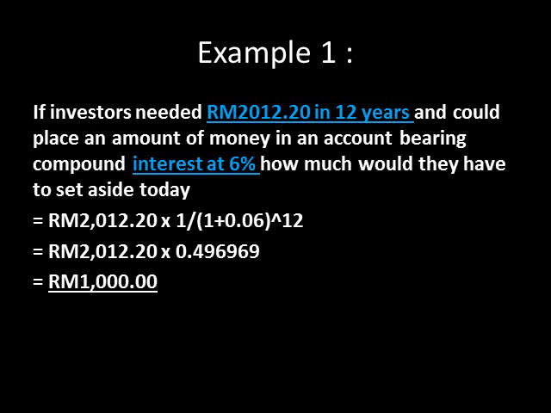But here, you want 2,012 ringgit, and you ask how much you need to keep aside. Can you differentiate these two calculations? They are related to each other, because PV is the opposite of the amount of 1 ringgit, so the formula is just 1 over A.